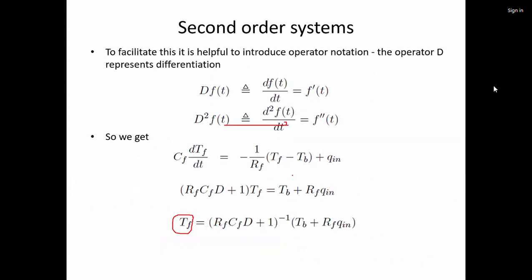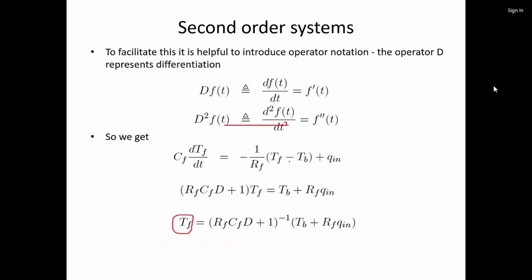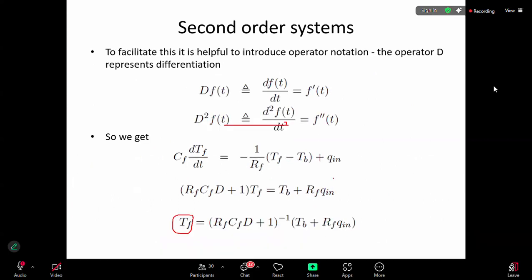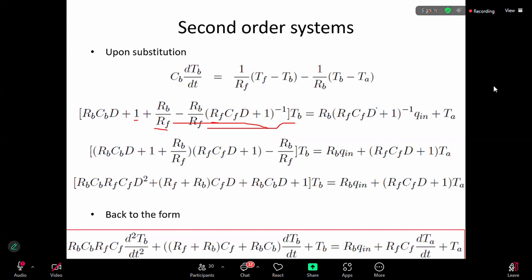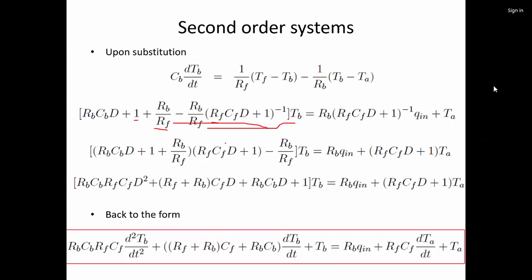TF is basically that. So you write this, and part of this TF, which is this term, comes to the right hand side here. And then you have TA, minus, minus, so you have TA. So all the terms, just by substituting for TF from here, you got this equation.